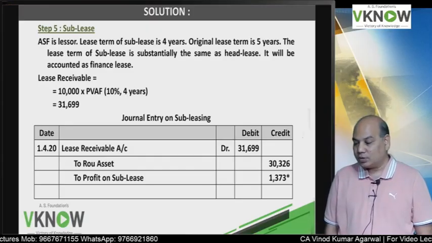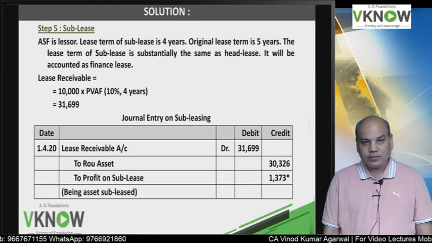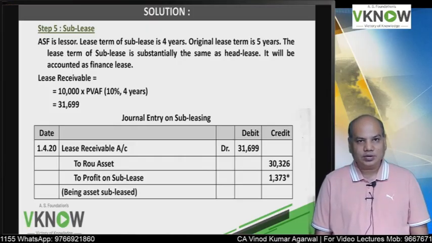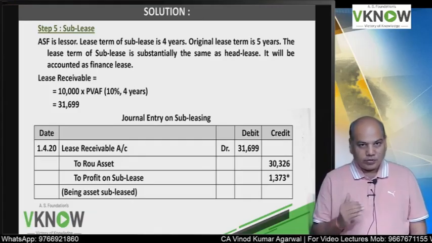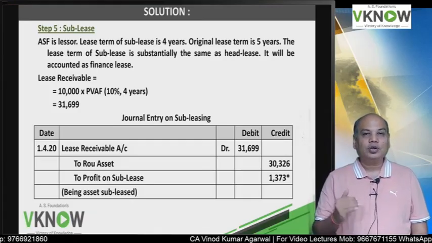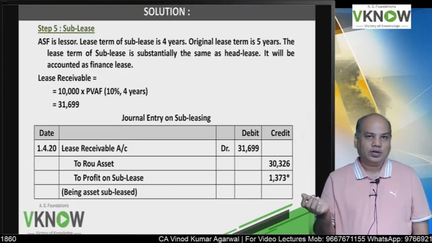So therefore there is a profit. Write down 1373 profit on sublease, being asset subleased. This is 1/4/2020. Now what will happen on 31st March 2021?